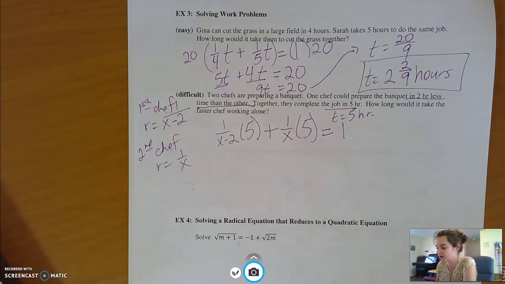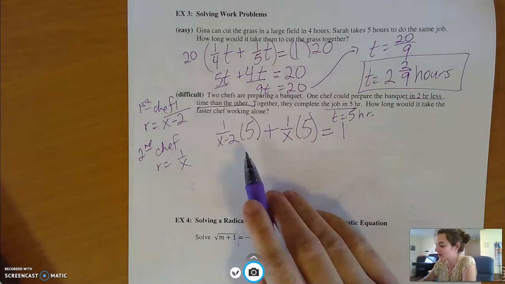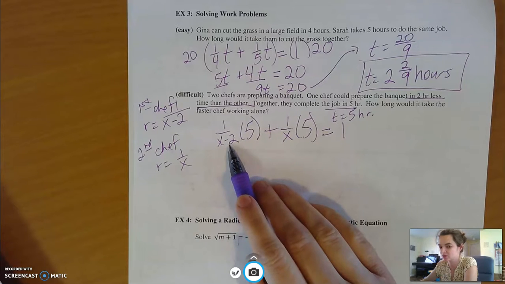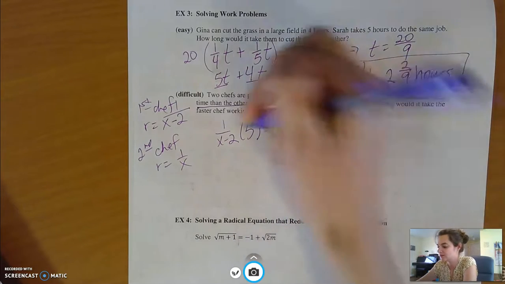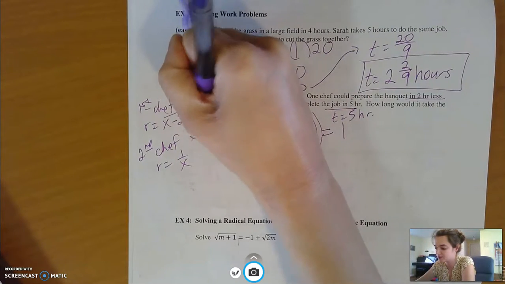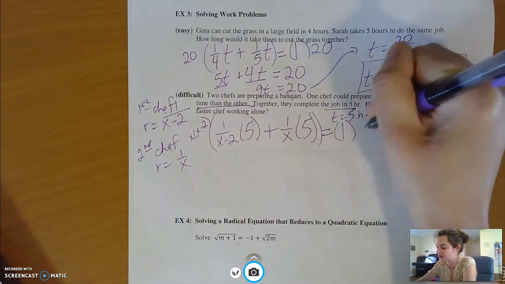And then we're going to find x, and we're going to find x minus 2. To solve for x, I'm going to multiply by my least common denominator, which would be x minus 2 times x. So I'm going to multiply every single term by x and x minus 2 on both sides of my equation.